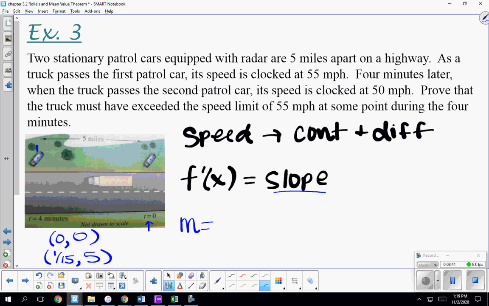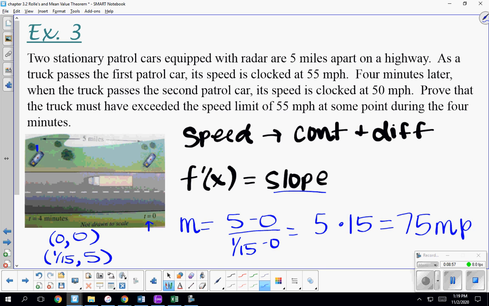So if we find our slope, we're going to do the change in y over the change in x, and I'm just subtracting 0 here. So I get 5 over 1/15, or 5 times 15 over 1. If I simplify this, I get 75. So if my slope is 75 miles per hour, I know that my instantaneous rate of change has to equal that slope at least once in this interval.